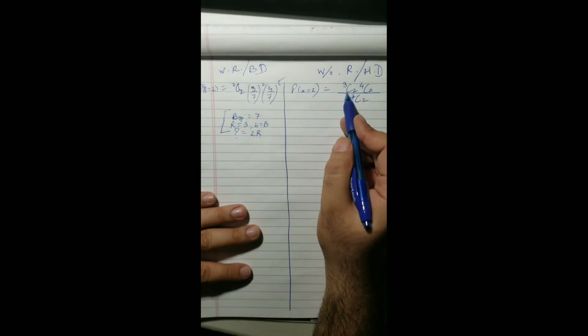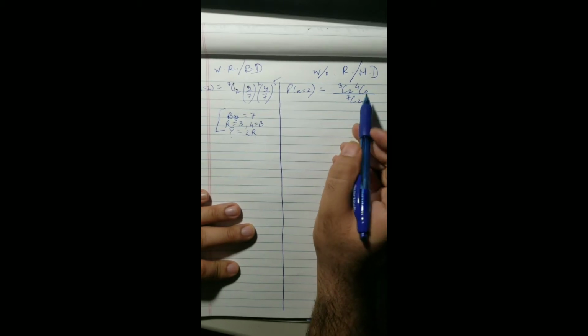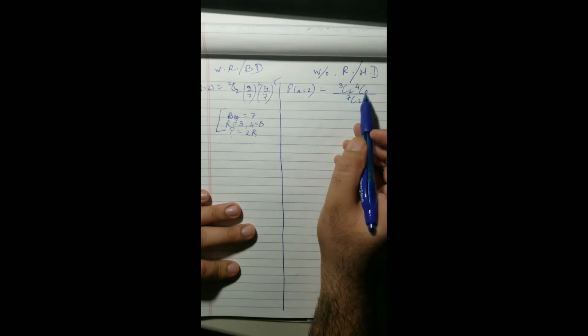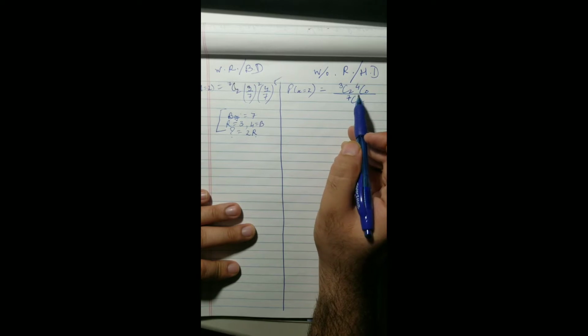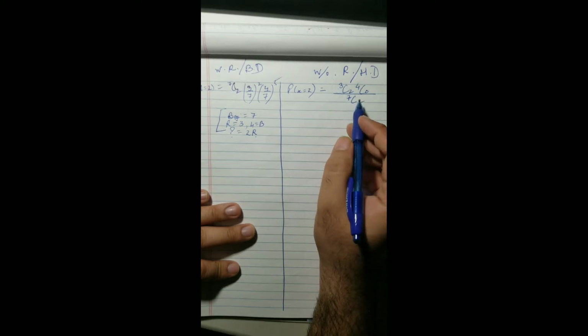Here we simply did 3C2, 4C0 over 7C2, where 7C2 was the total number of ways in which we can draw 2 balls, and 3C2 and 4C0 are the ways in which we can draw without replacement, right?